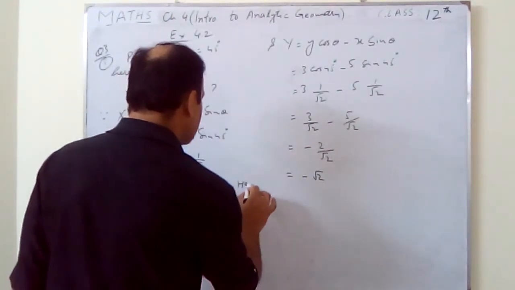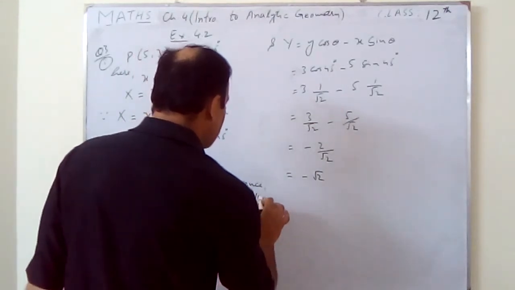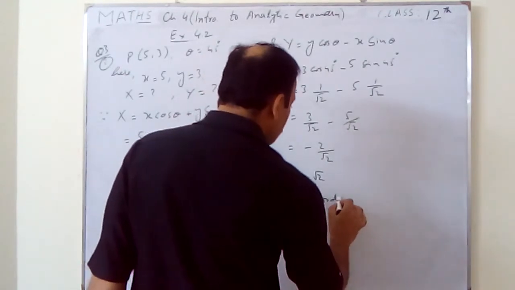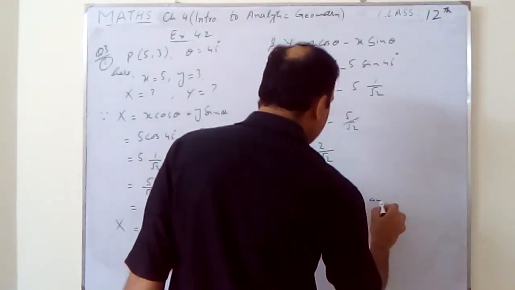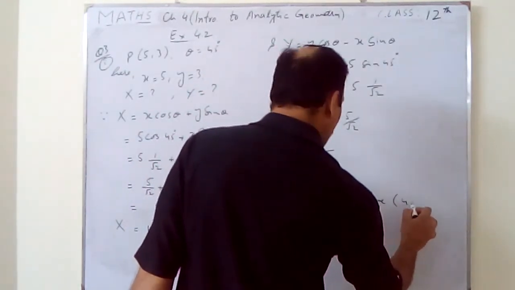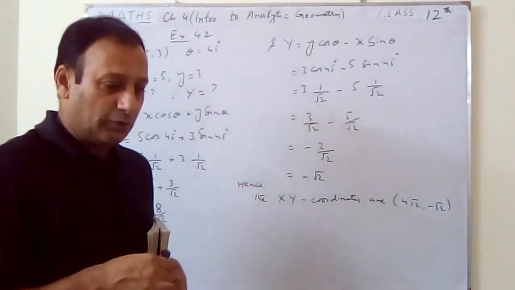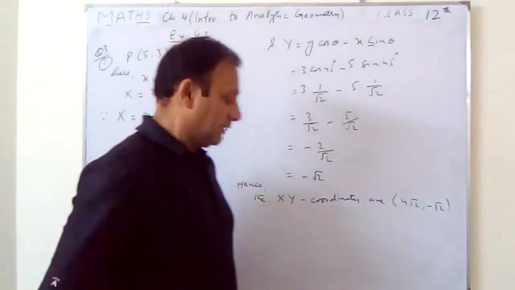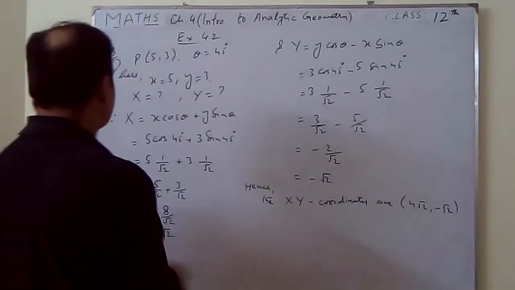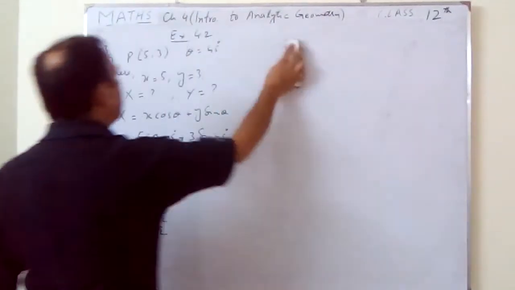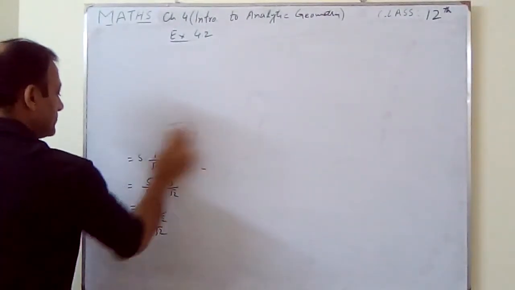Hence the capital XY coordinates are 4 into square root of 2 and minus square root of 2. So this is how to solve it; the formula is there. Otherwise the question is simple.